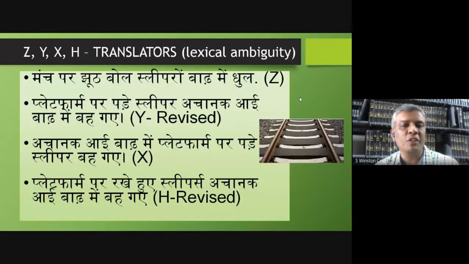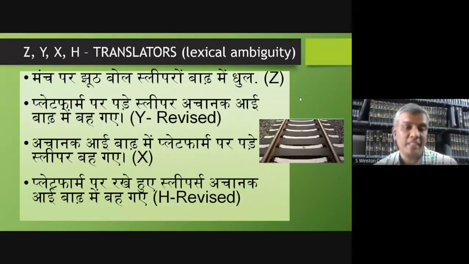So it says sleep around. Baad mein jule, dule, as if they were washed, like clothes or vessels. And Manchpar, the platform, has become the stage here. So this is also a machine translation, right?